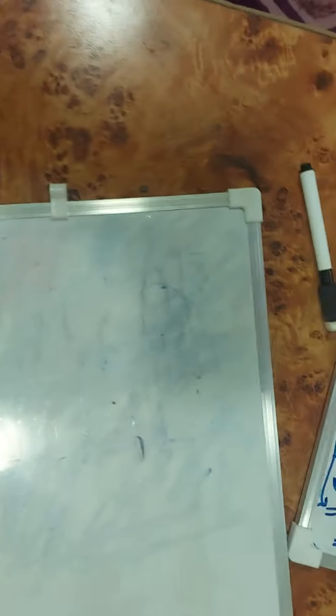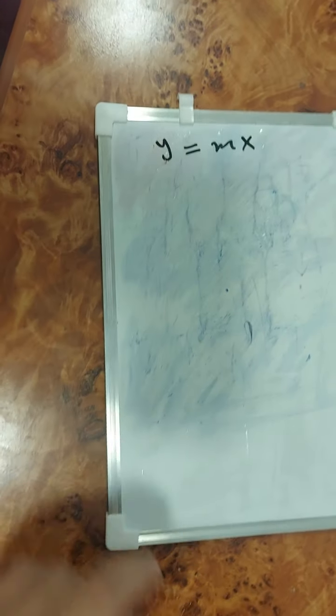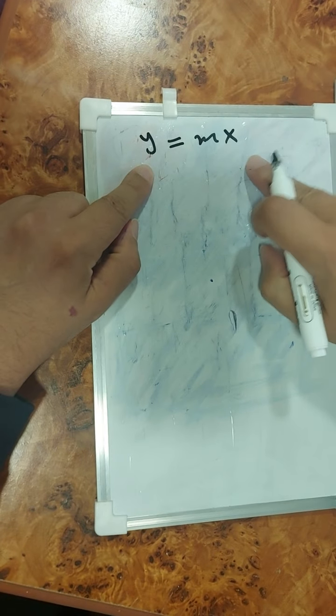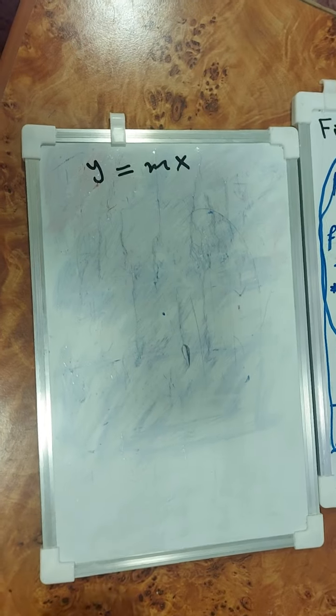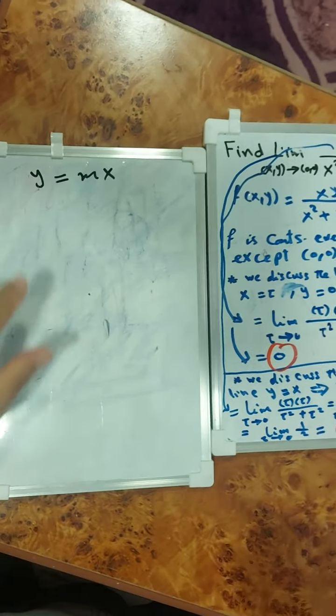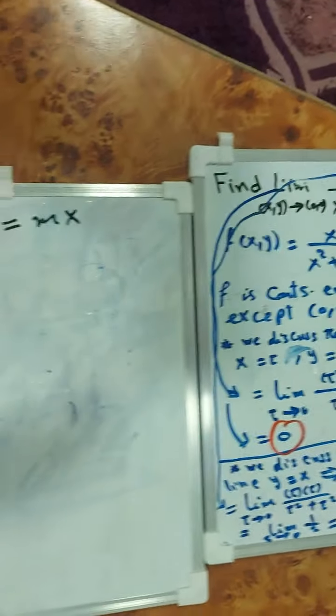For example, we will use the substitution y equal mx in our limit. This substitution will make the two variable limit a single variable limit.